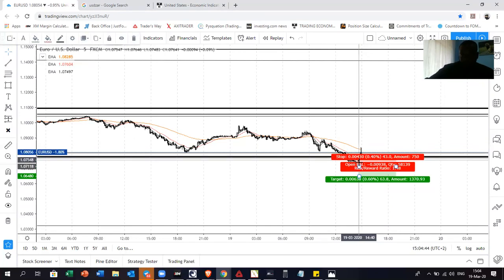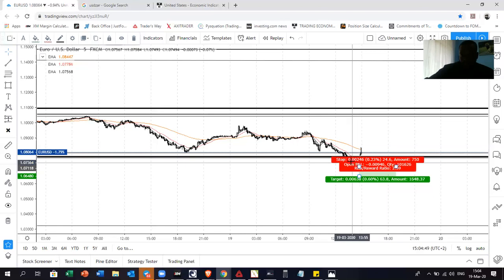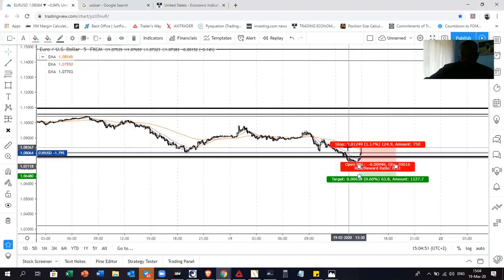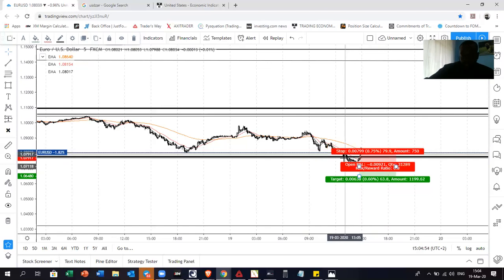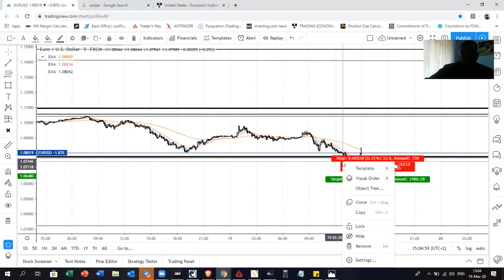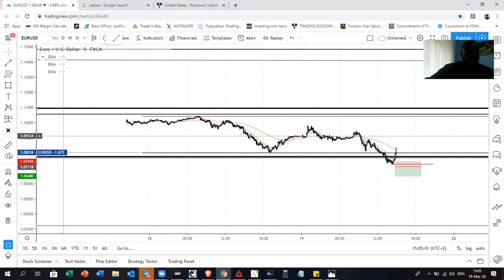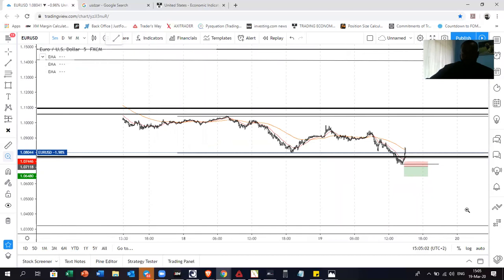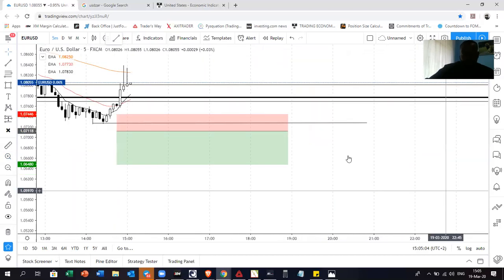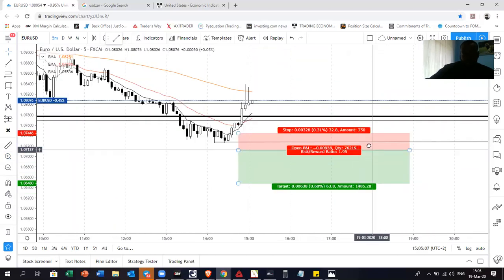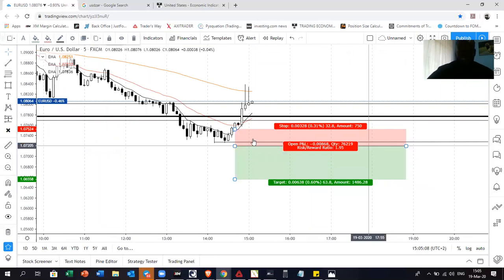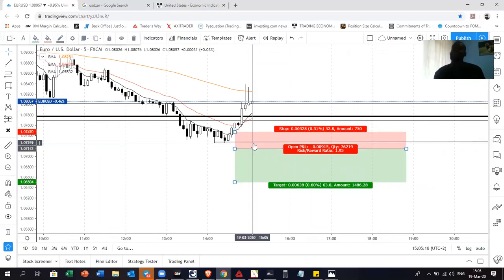So say now we're risking about, where's the entry of this? Okay, let me zoom in. So you want your sell to be below this line.